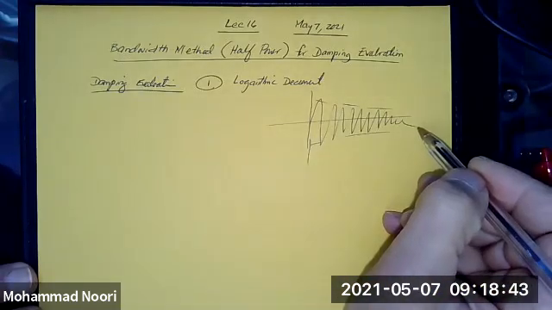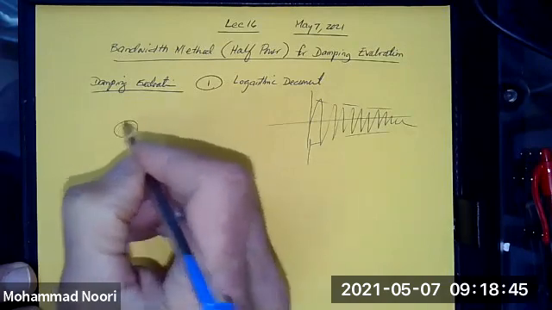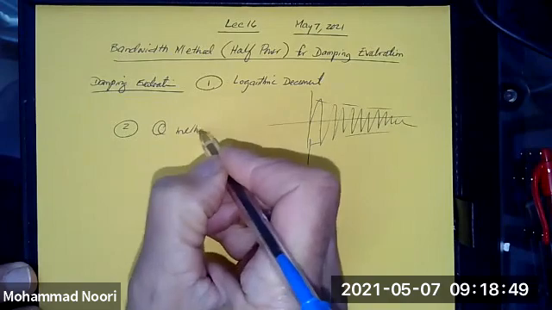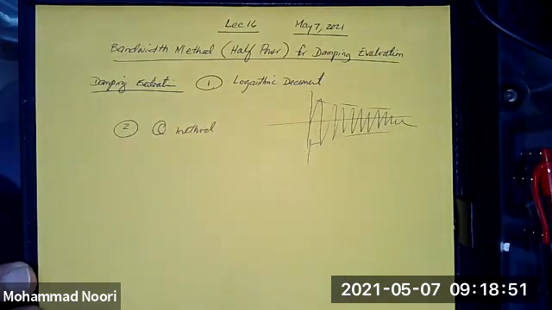The second approach was the Q method, which was what?